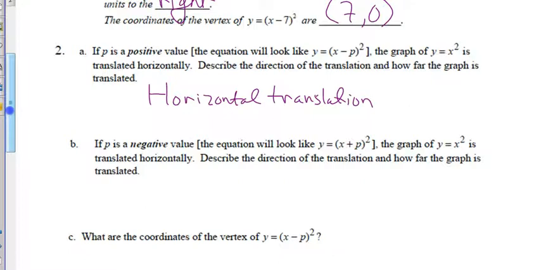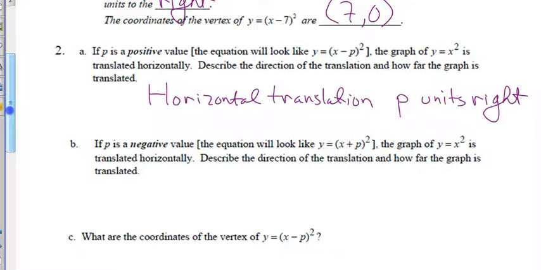I don't really care. So it's a horizontal translation, p units to the right, or you could say right p units.